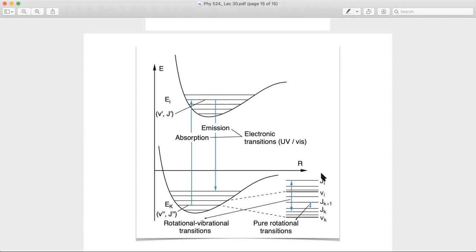That is shown in this inset on the right, where I just zoom in on these two figures. So you get these nu lines, and for each of these nu lines you have different K lines, which are labeled as J lines here. And then you can have transitions within the same nu state, so pure rotational transitions, or rotational vibrational transitions. So today we saw briefly a bit of pure rotational transition, and we saw rotational vibrational transitions.